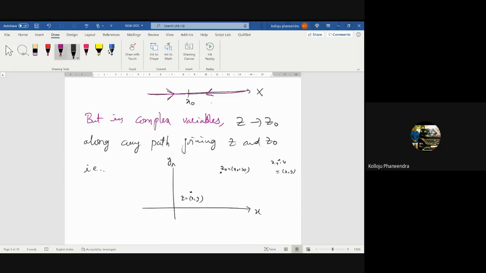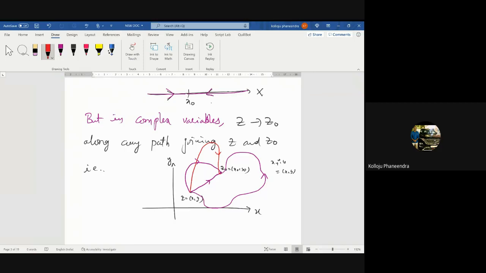Now the thing is, z is tending to z naught through a straight line, or through a parabola, or something, a path like this, or it may be any path like this.